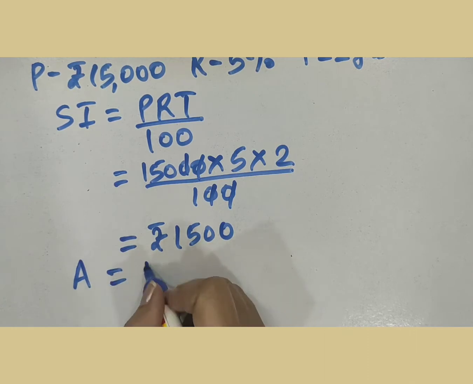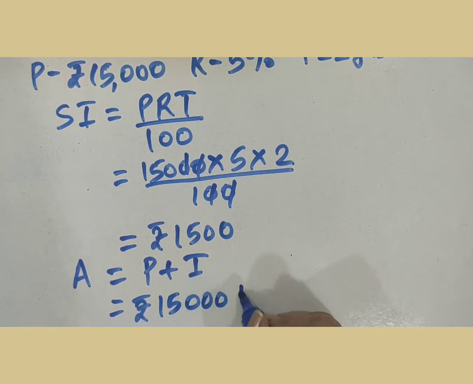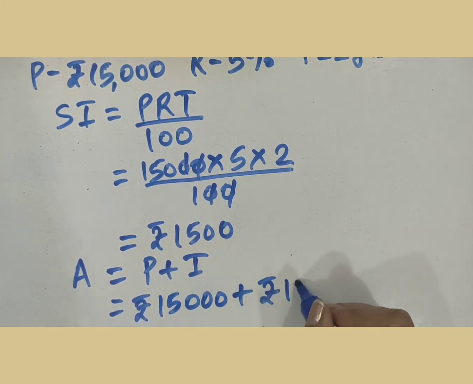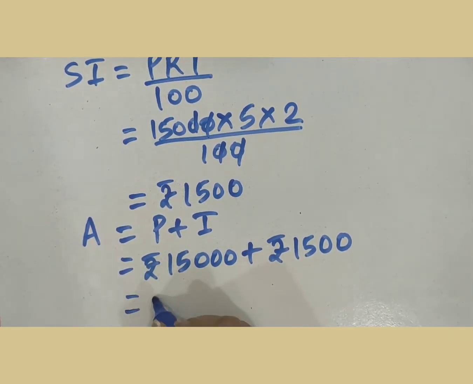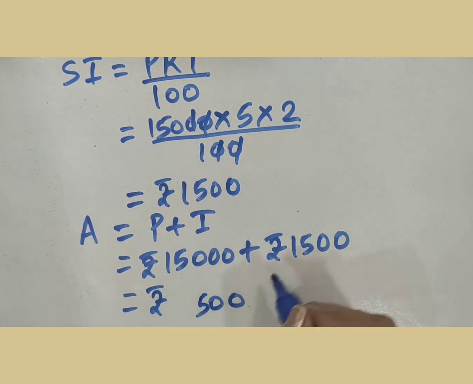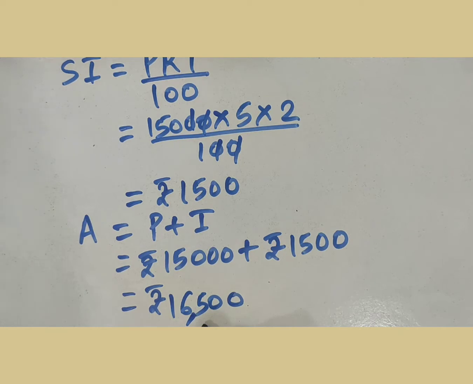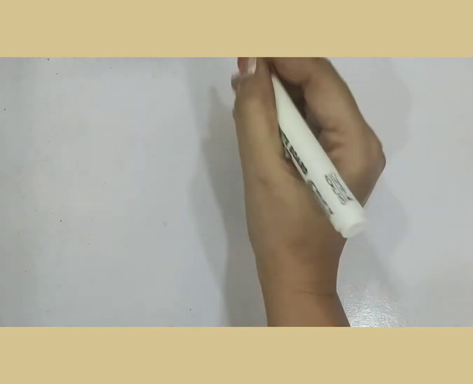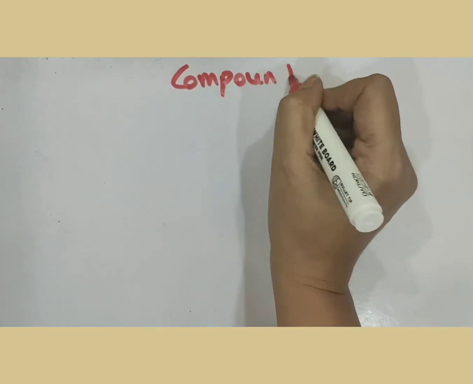My amount is equal to P plus I. My principal is 15,000 plus interest, rupees 1500. If I add, I will get 16,500 as the amount.